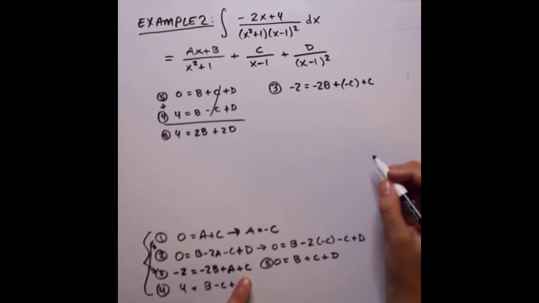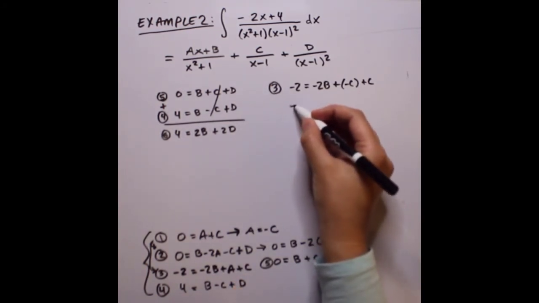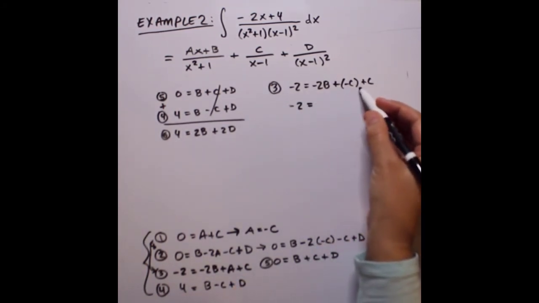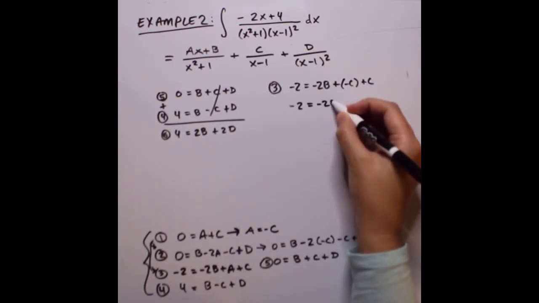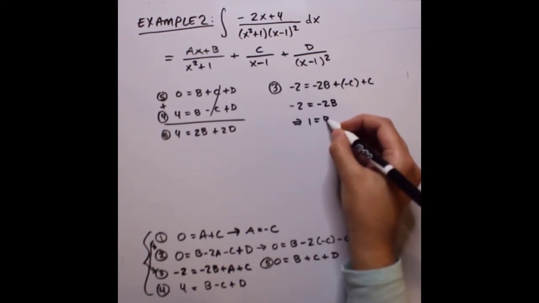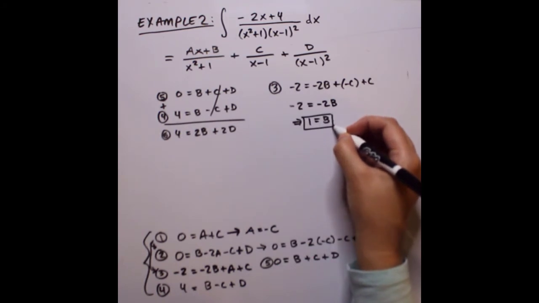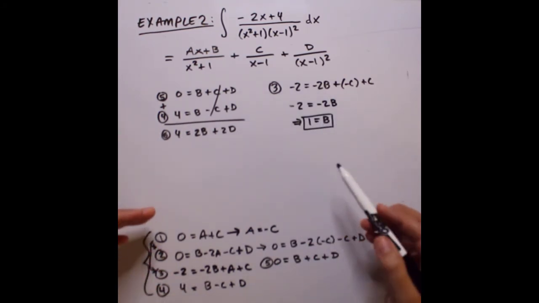Oh, this is really good. So then we end up with negative 2, the c's add up to 0, equals negative 2b. So 1 equals b. If you saw that earlier, you could do that whenever you see it.